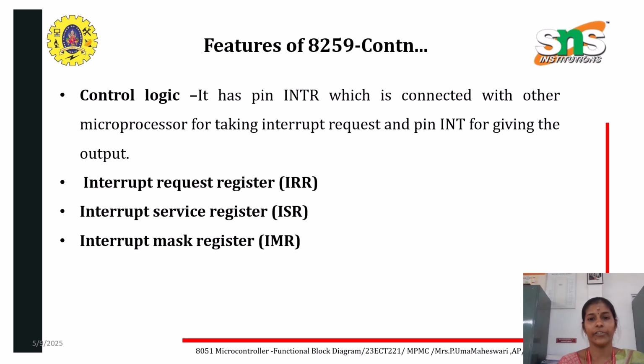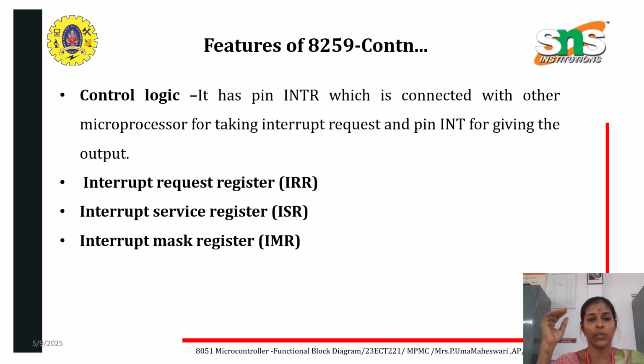Here the external features of 8259 are, as I told you before, ISR, IMR and IRR. The interrupt service register comes into play when the program has been flowing, executing instruction by instruction. At that time it will temporarily stop the process, answer what is going on in that interrupt, and then come back to the regular process.